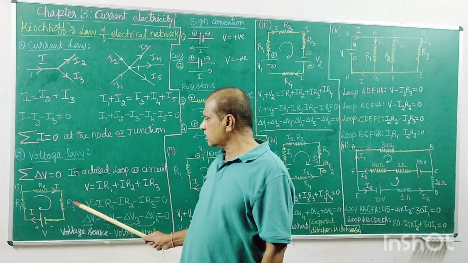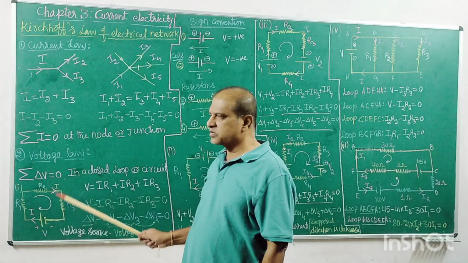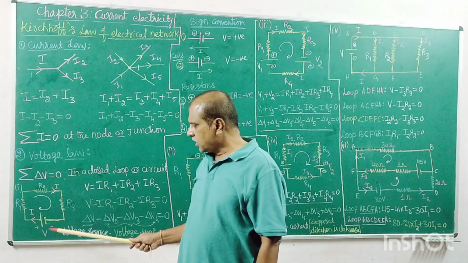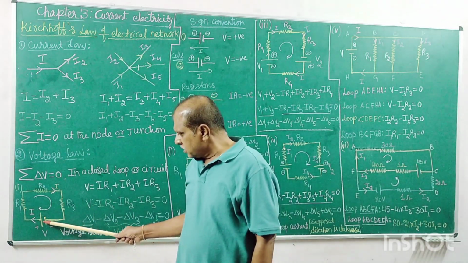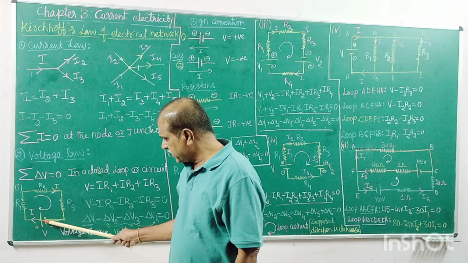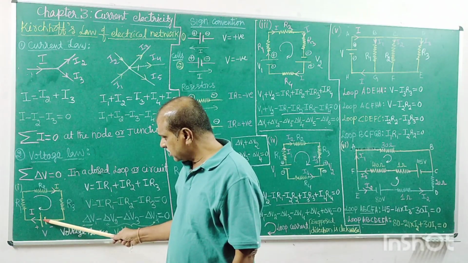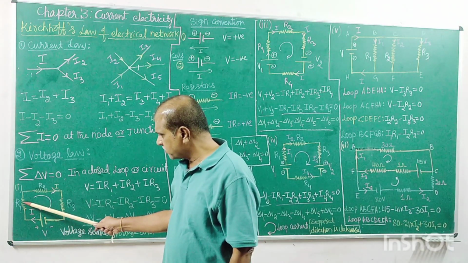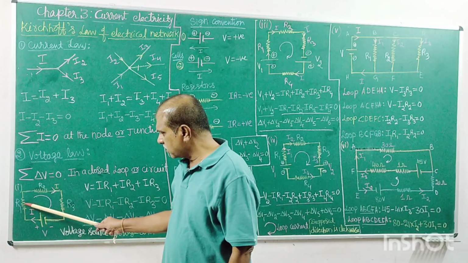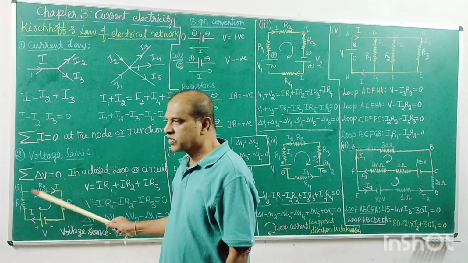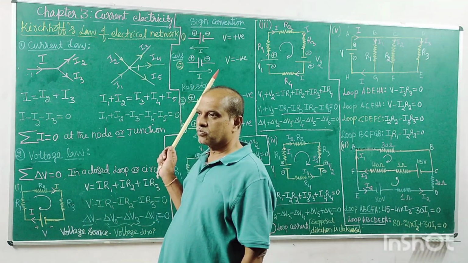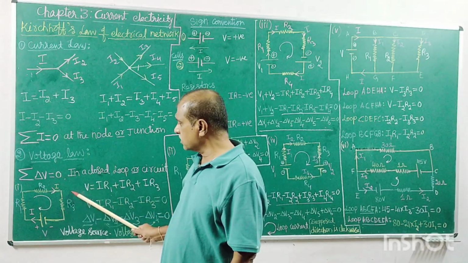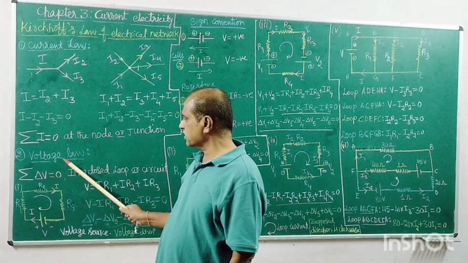That is either in terms of potential or in terms of energy. I told you that electrons gain energy or lose energy. This is based on the law of conservation of energy.